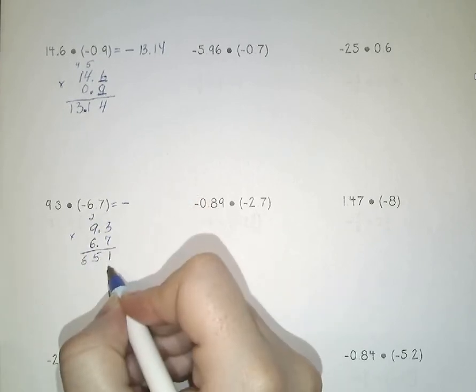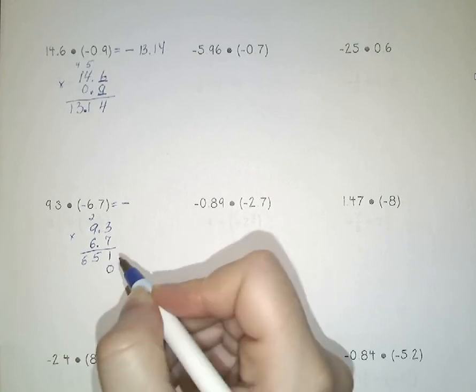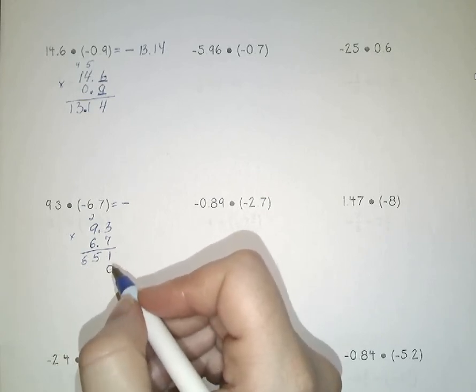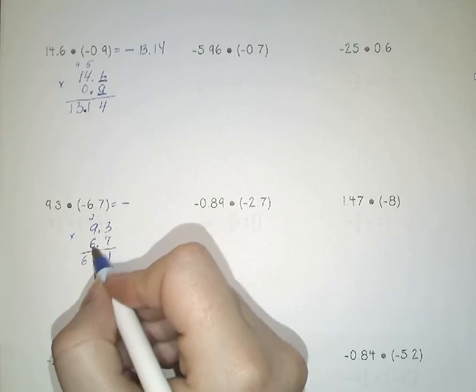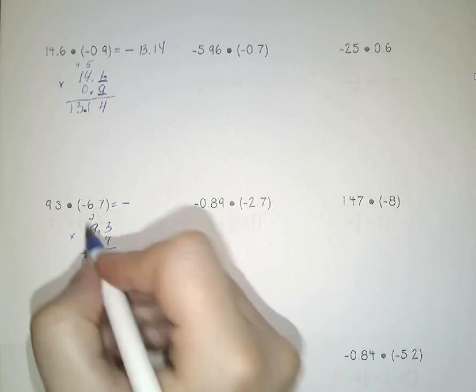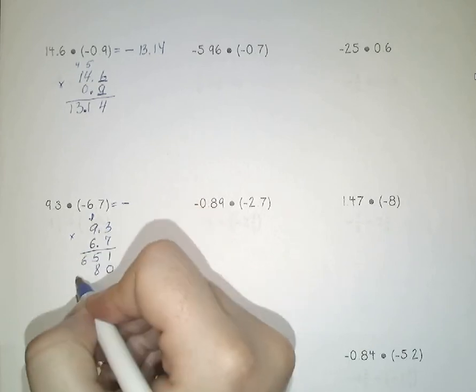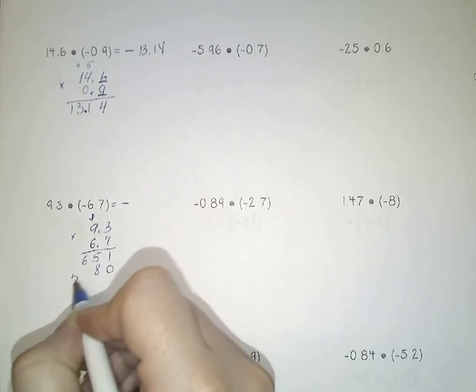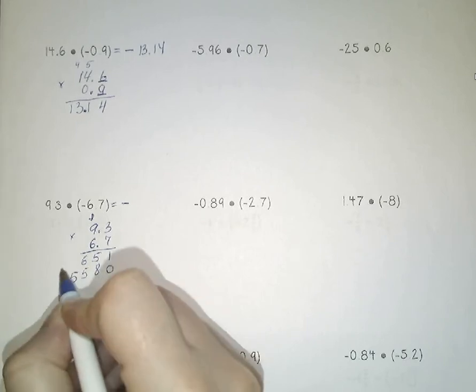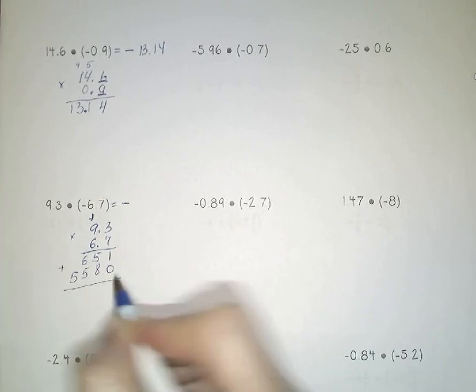Now we are leaving this space or giving it a 0 if you want a placeholder. 3 times 6 is 18, so 8 and 1. 9 times 6 is 54, plus 1 is 55. 55.